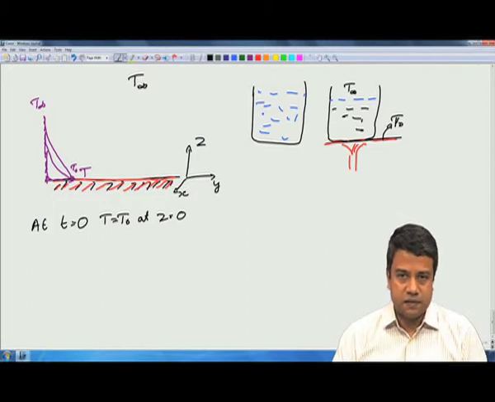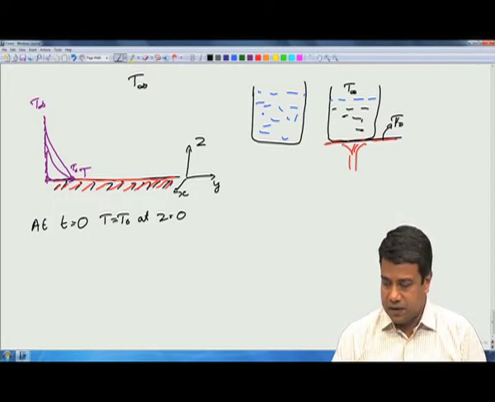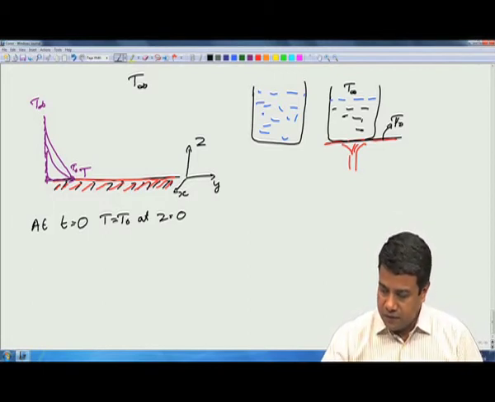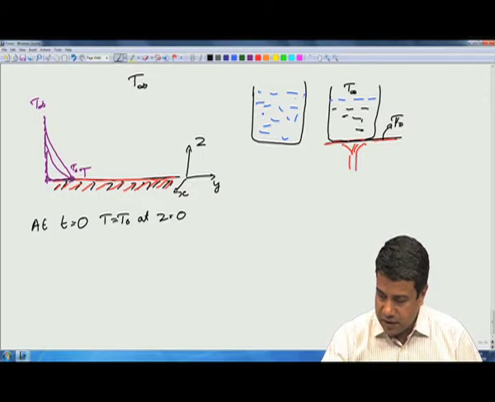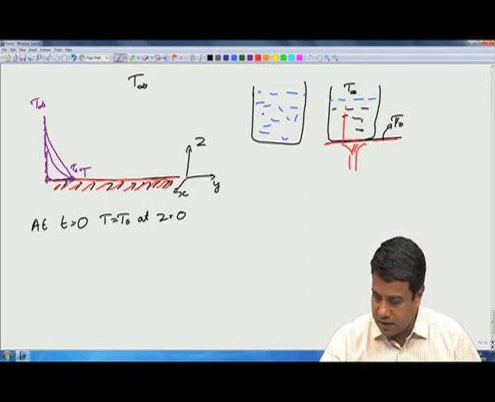Instantaneously you place the container on this, and this fluid can be considered to be of infinite extent, so long as, as time progresses, the temperature profile will of course change. Initially it will be heated only here, as time progresses the temperature profile will change.